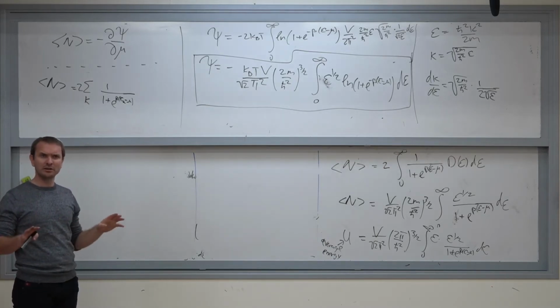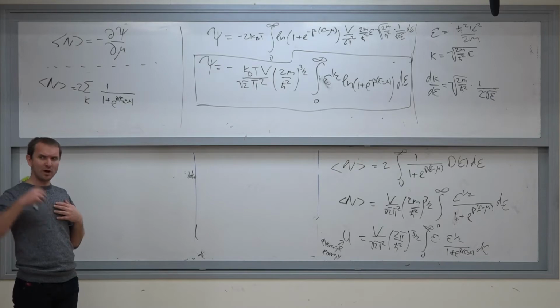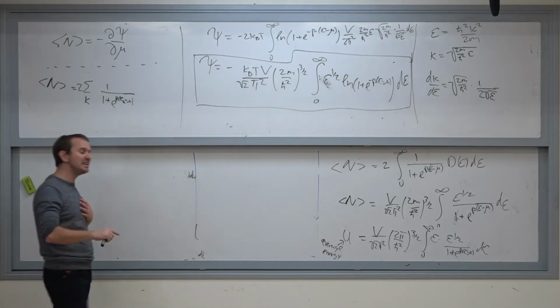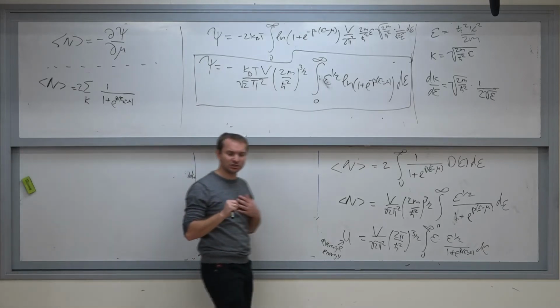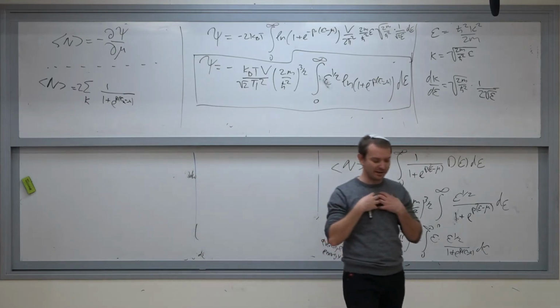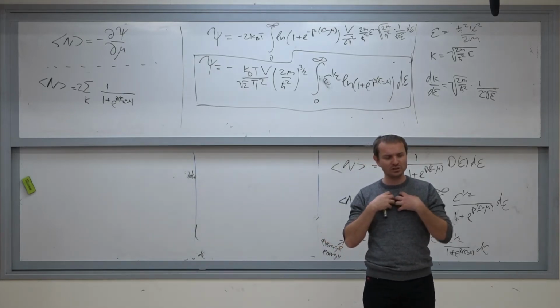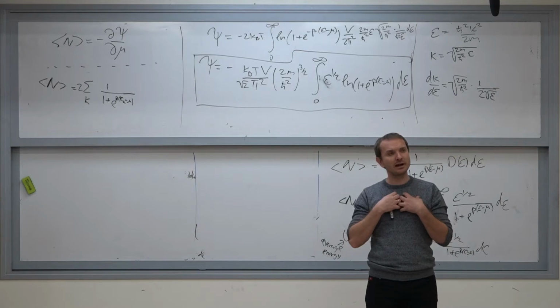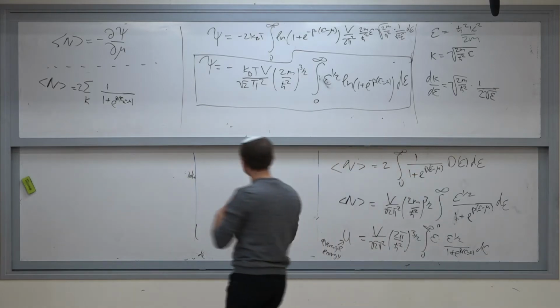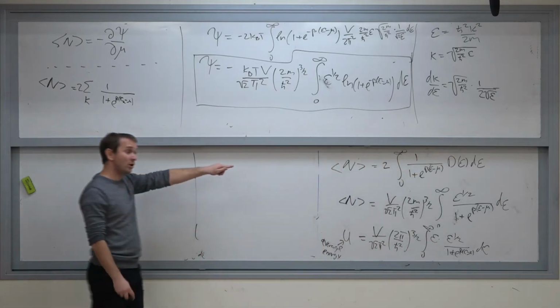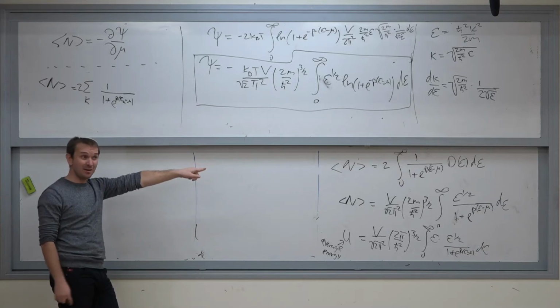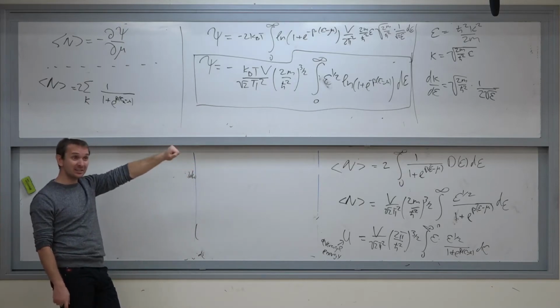I don't care. If my energy is low and the interaction energy with other guys is on the same level, well, I cannot neglect it. I can neglect the interaction energy only when my kinetic energy, my own energy, is very, very, very high.